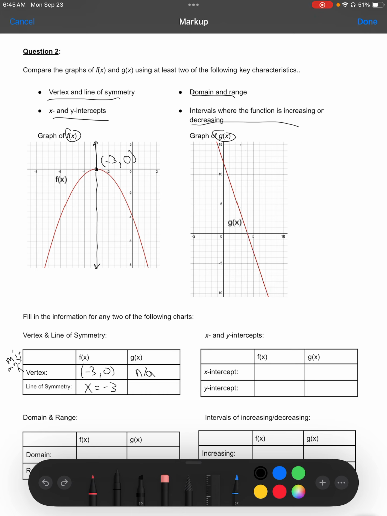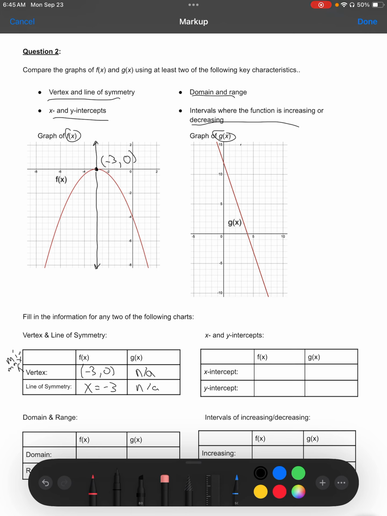If I were to draw a line of symmetry horizontally, it would be the same thing. We have one side on the right and one side on the left, so it's not the same on both sides. So again, for g of x, there is no line of symmetry. This would be another n/a, which means not applicable, or you could say no or none. Something that tells me that there isn't a line of symmetry for g of x.